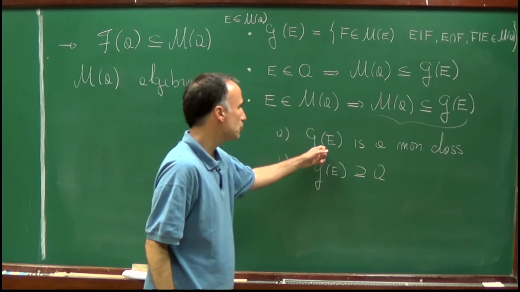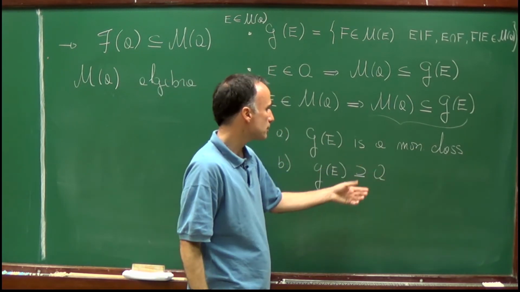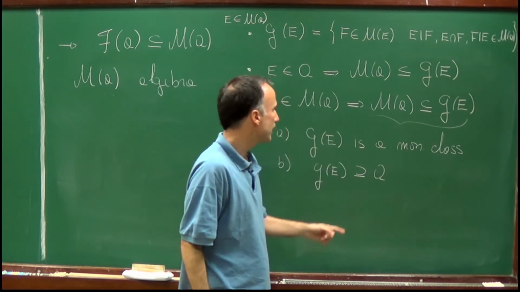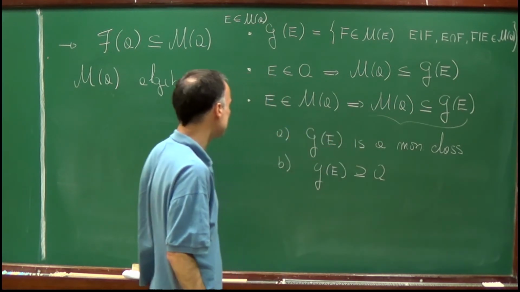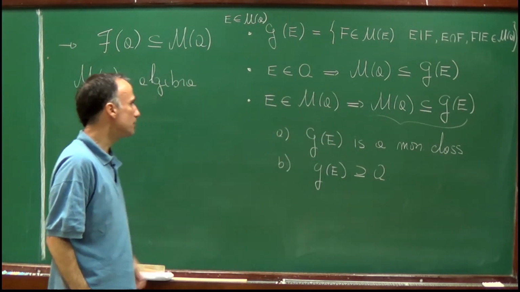If G of E is a monotone class which contains the algebra, it contains the monotone class generated by A, which is what we want to prove. So let's prove A and B.